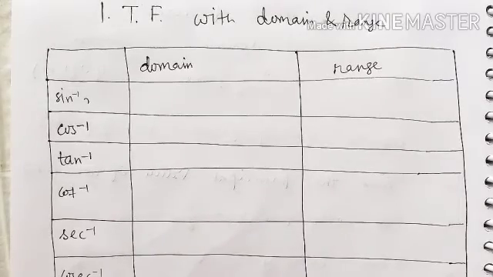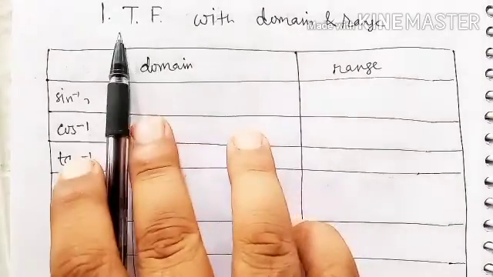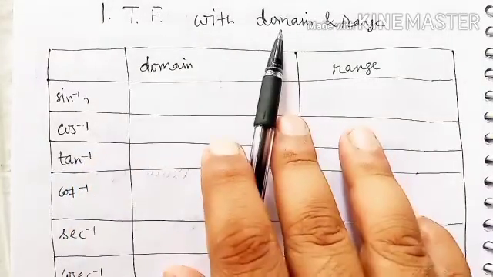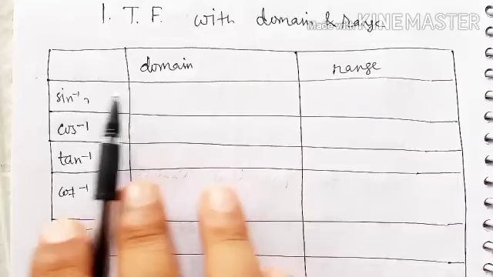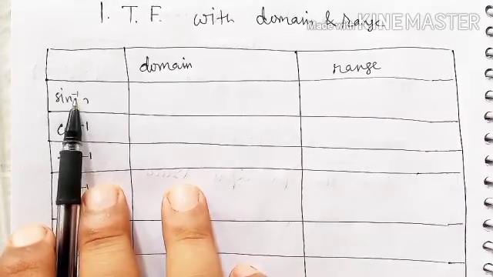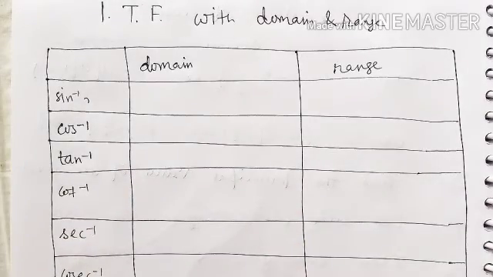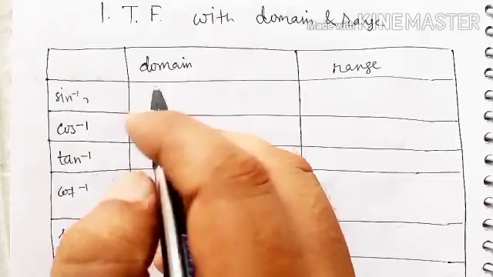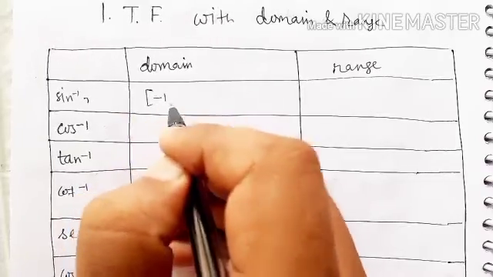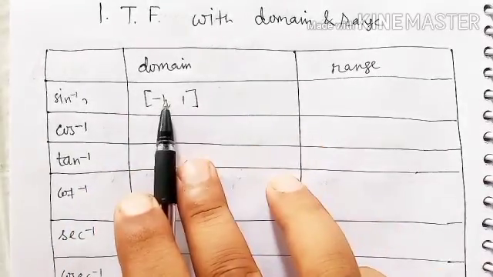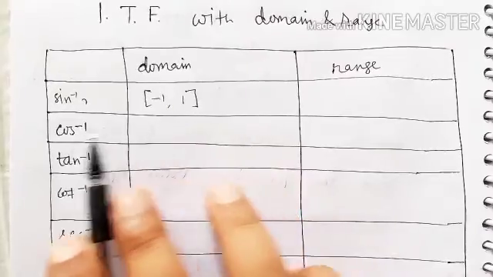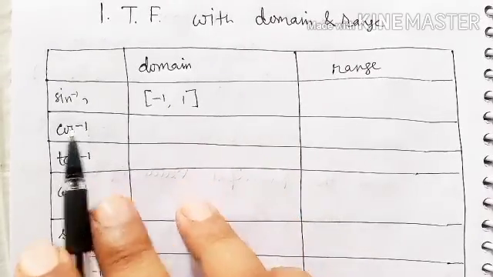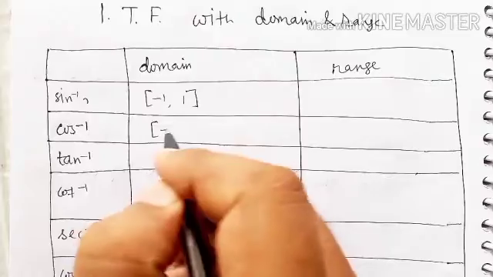Now you must know how to draw the inverse trigonometric functions, ITF, with their domain and range. So here sine inverse, we have to write its domain. If you can remember the graph of sine x and its range, you can write its domain. So its domain is the range of sine x, which is minus 1 to 1. Likewise, the domain of cos inverse is the range of cos x.